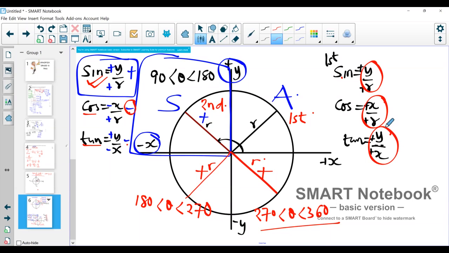Tell me which trig ratio is positive here. Remember, all positive in the first; in the second, only sine is positive. Check which one is positive in each.